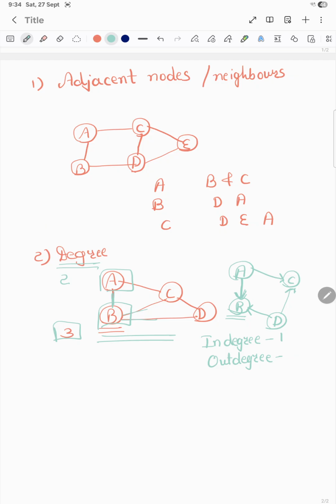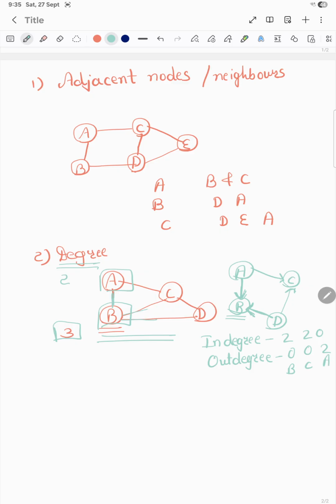In degree is 2 for B, because here D, this arrow is also coming towards B. So in degree is 2 for B, whereas out degree is 0, because there is no arrow going out from B. For C also, in degree is 2 and out degree is 0. For A, in degree is 0 and out degree is 2.